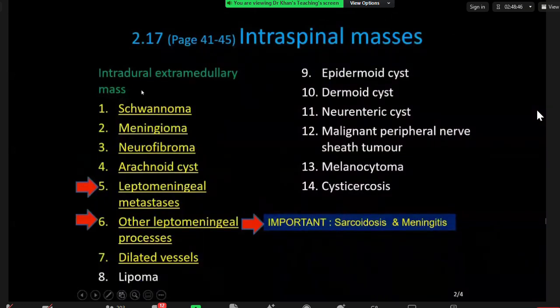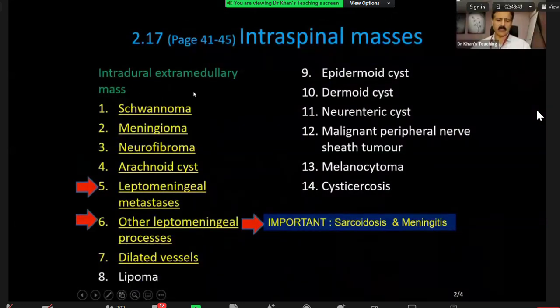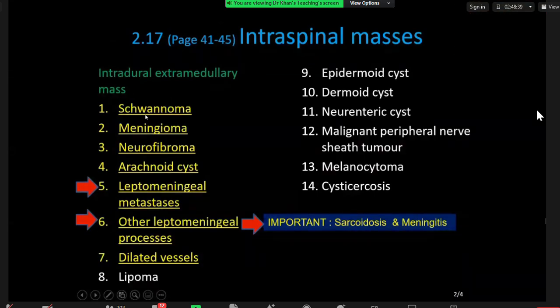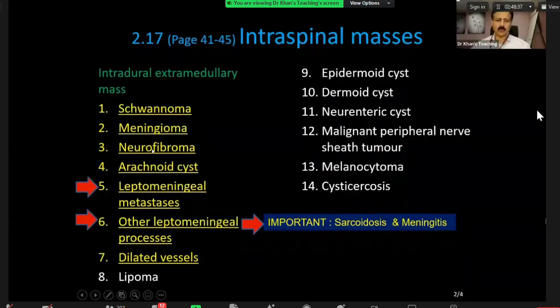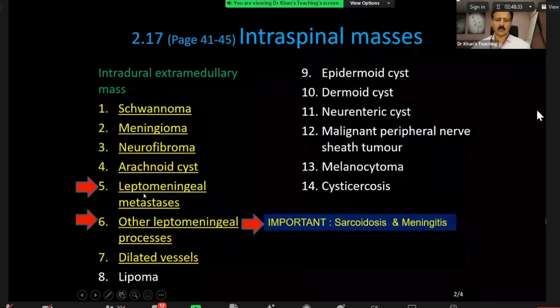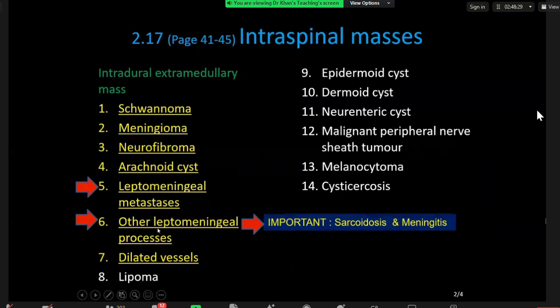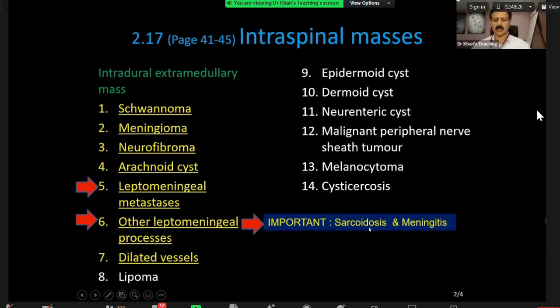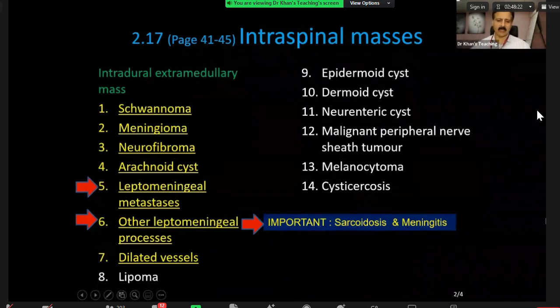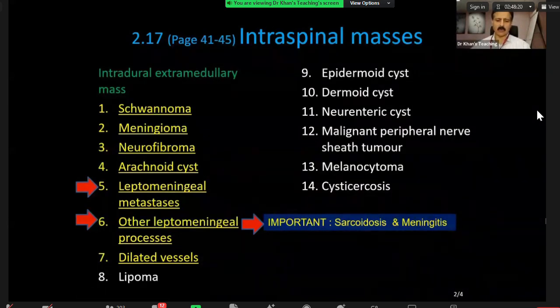Now, this is intradural extramedullary, and in this one schwannoma, meningioma, neurofibroma are all important. Any leptomeningeal metastasis is very important. Other leptomeningeal processes, again sarcoidosis and meningitis, TB meningitis, fungal meningitis, are very important.